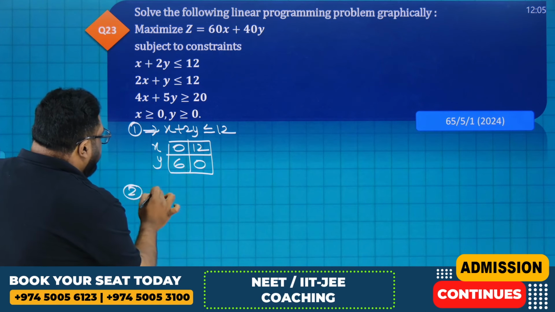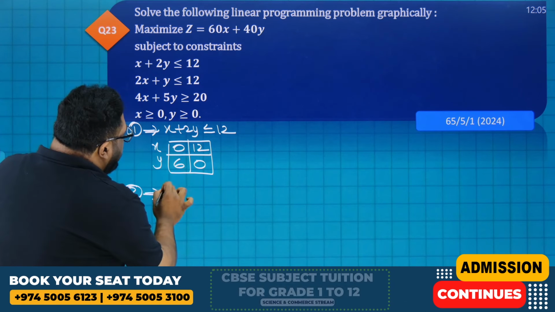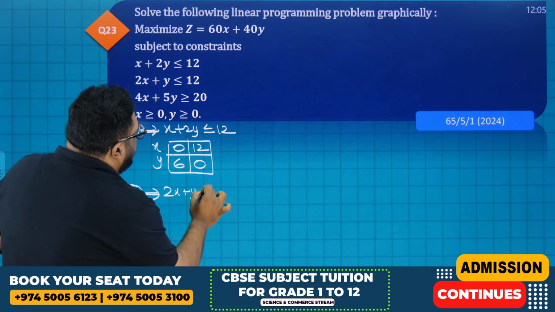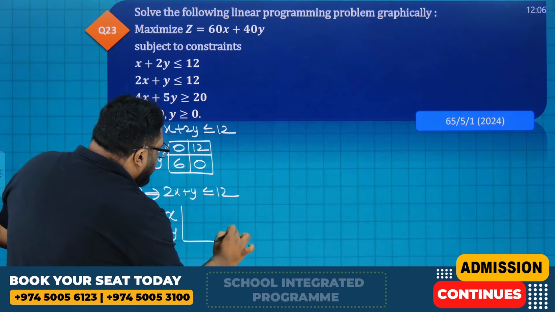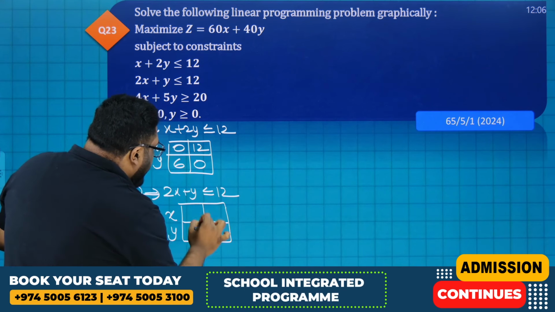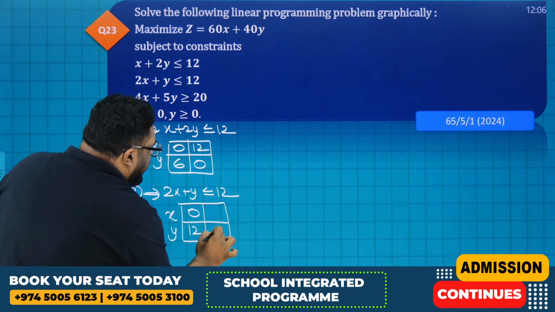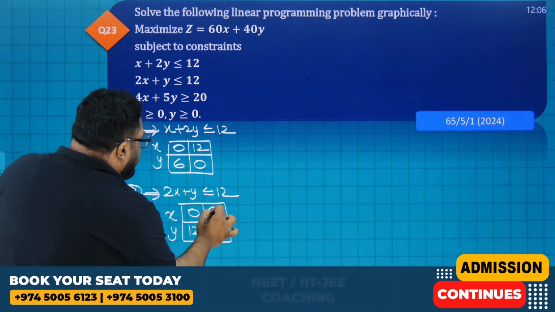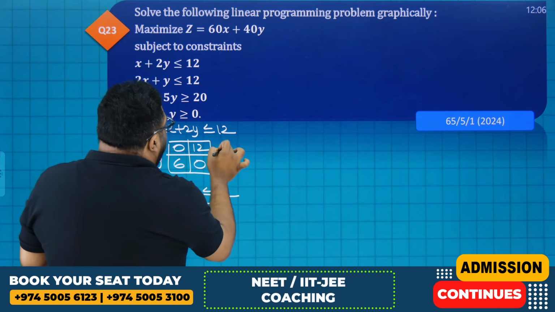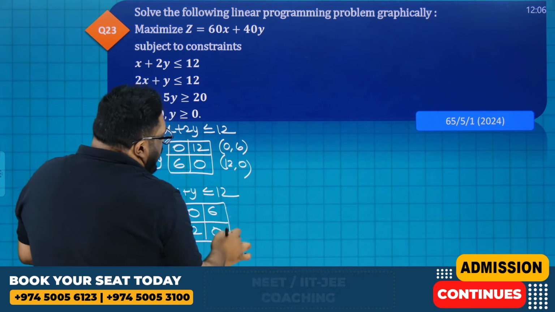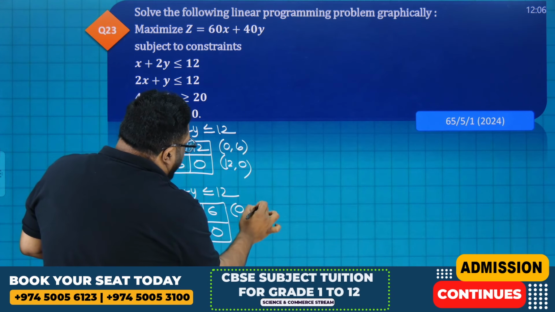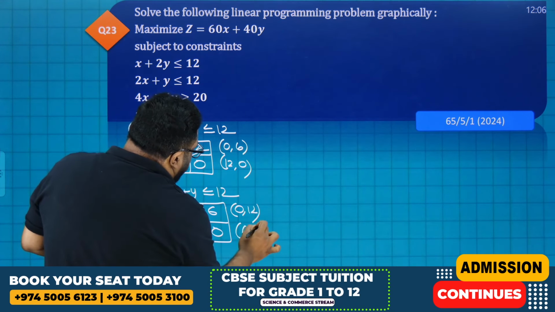Equation number 2, all of you. 2x plus y less than or equal to 12. So again, x equal to 0, y is equal to 12. Y is equal to 0, x is equal to 6. So this is made by corner points 0, 6 and 12, 0. This is made by corner points 0, 12 and 6, 0.